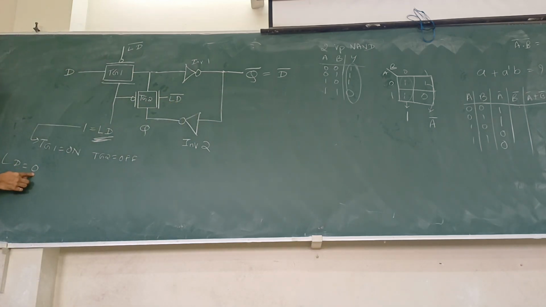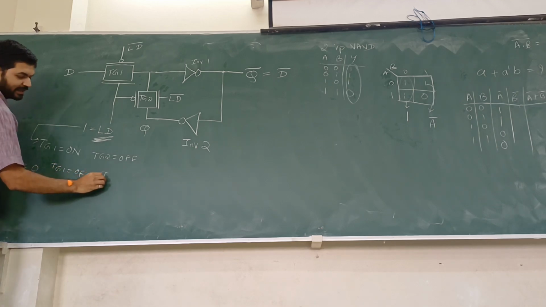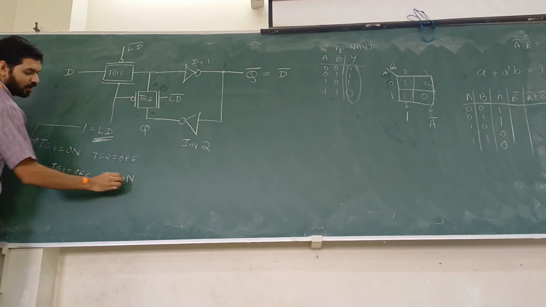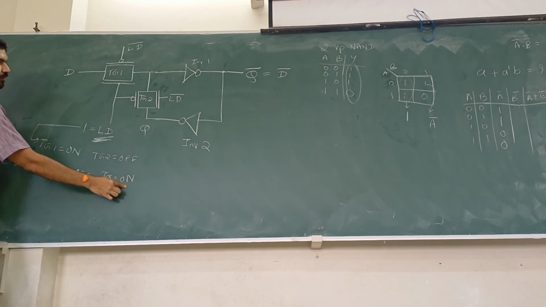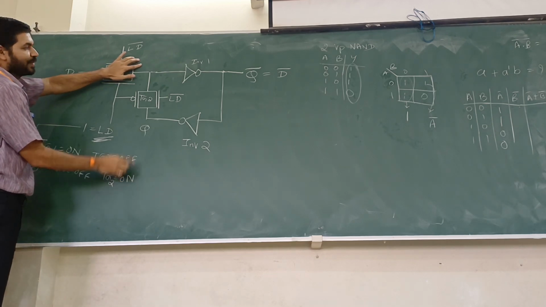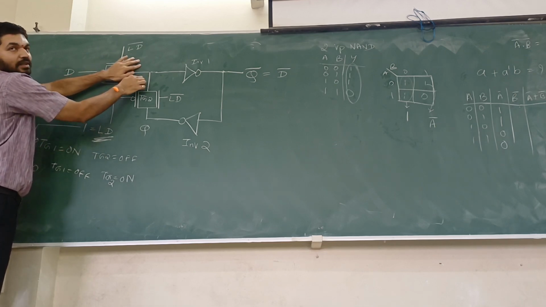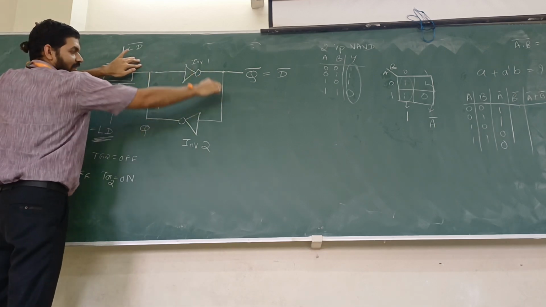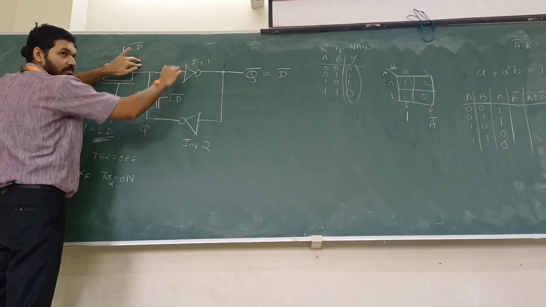When LD is 0, what will happen? You people tell. If LD is 0, TG1 is off and TG2 is on. So off means no connection. But here there is a connection because this is on.